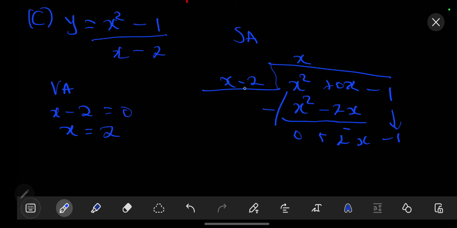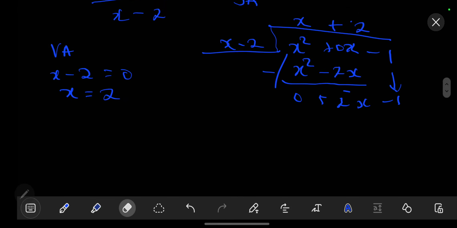So now 2x divided by x gives us 2. So we have a 2 there. When we have a constant like that, we can even end there. This is just the slant asymptote that we are looking for.